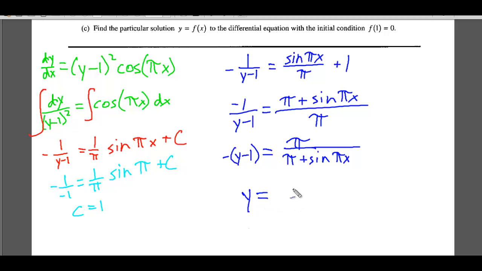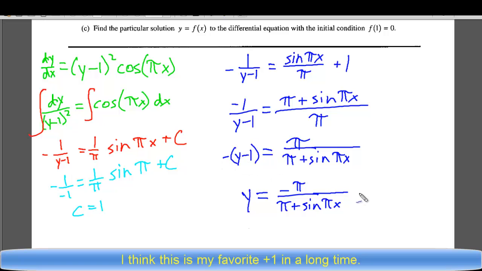So y equals negative pi over (pi plus sine pi x) plus 1.